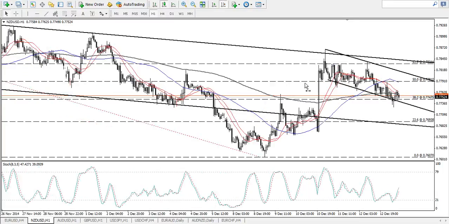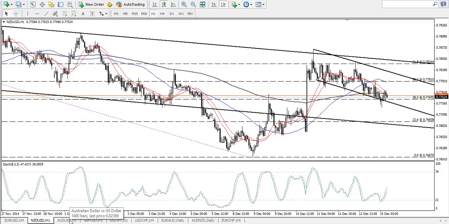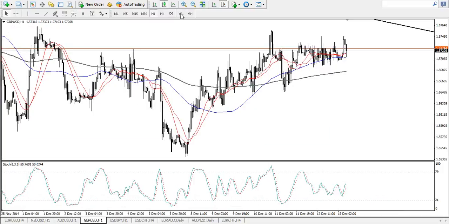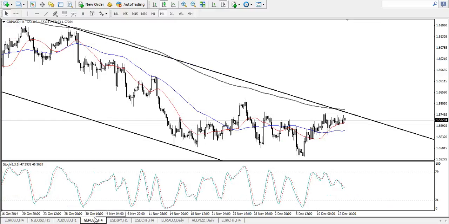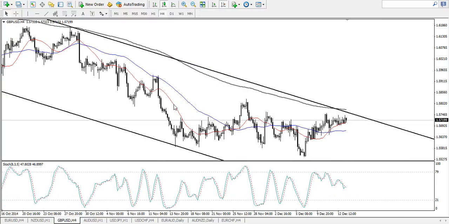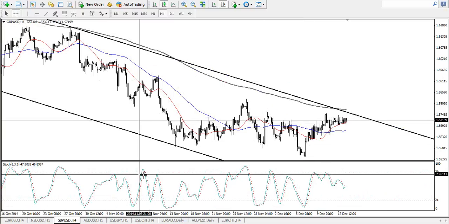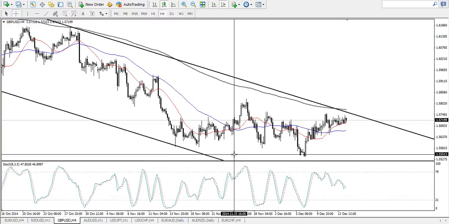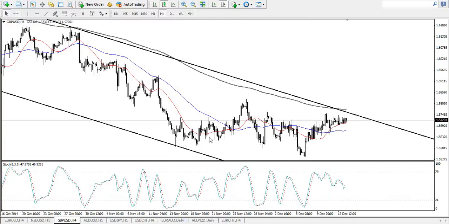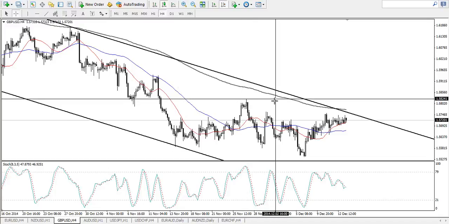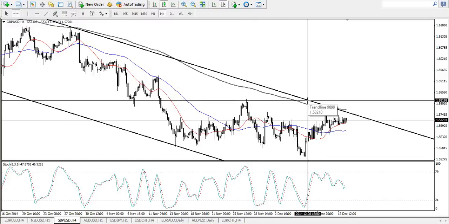Next we have the pound against the US dollar. As I've been mentioning, there was a falling trend channel where price has touched the bottom but has yet to touch the top of the trend channel itself.